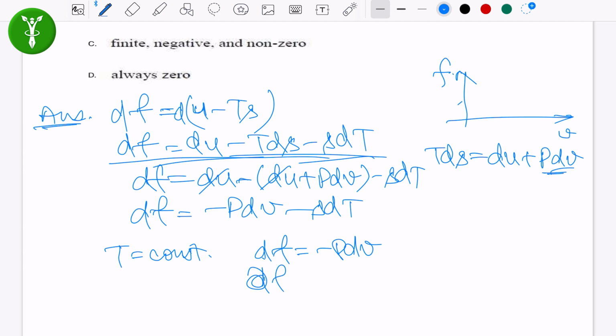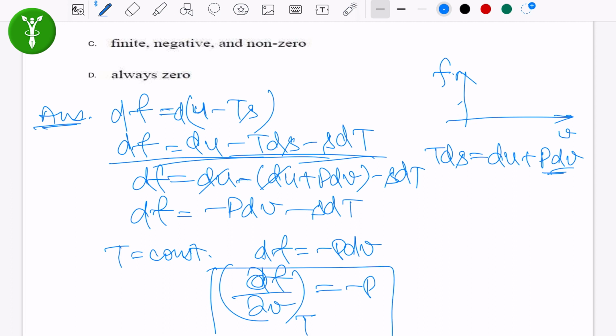So del F by del V at constant temperature is equal to minus P. Note that this P is absolute pressure, so it cannot be negative or zero. Therefore it is always positive.